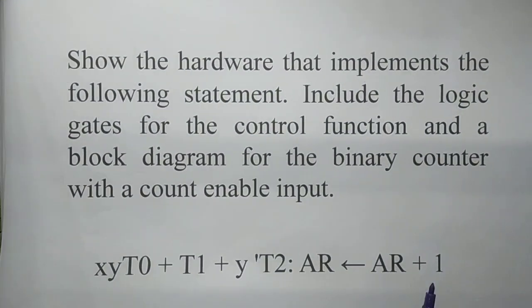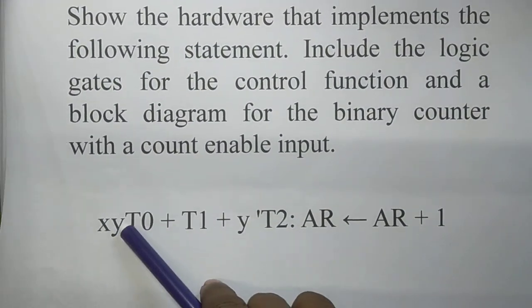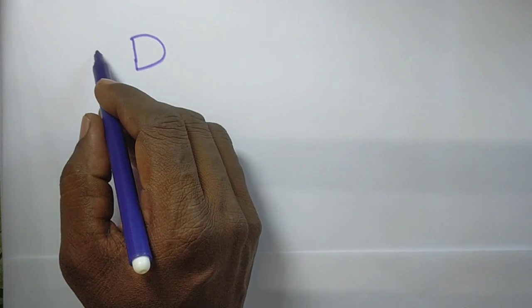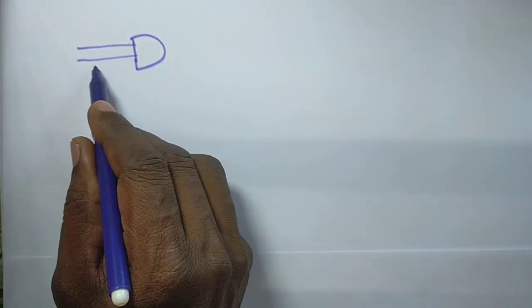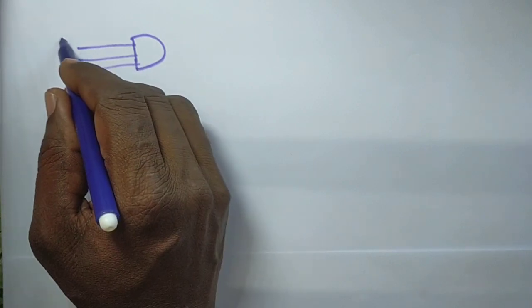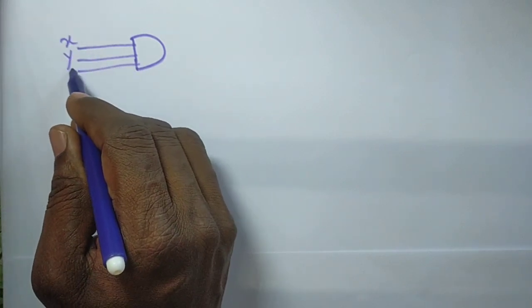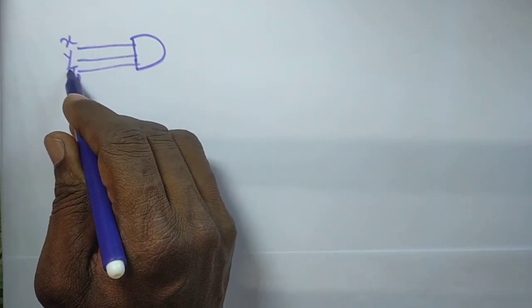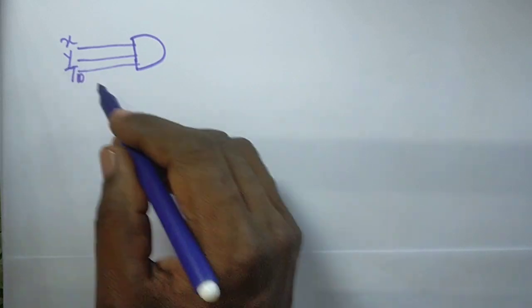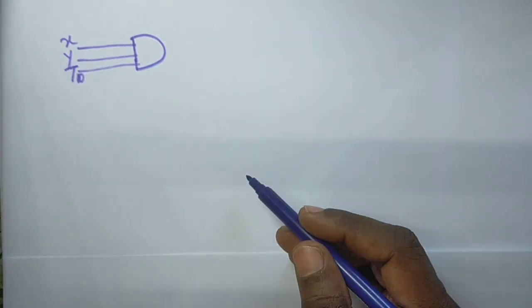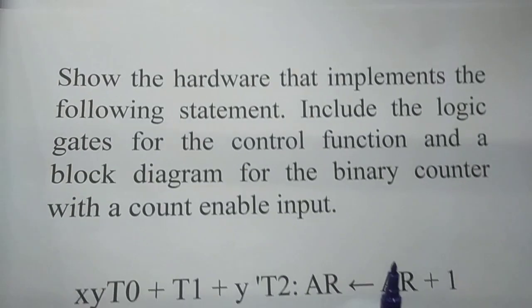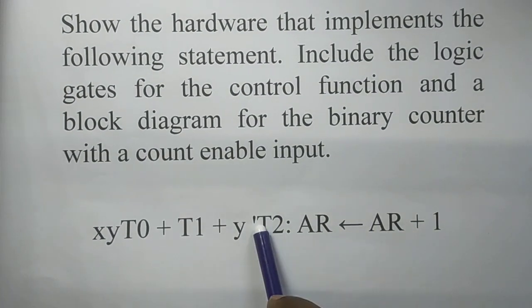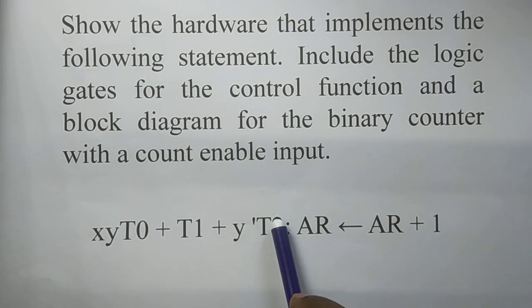How many inputs does this AND gate have? You see x, y, t0. One input is x, another is y, another is t0. These three control variables will be considered. Another AND logic gate will be considered for y complement t2.